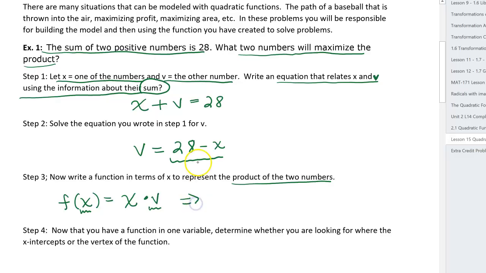I'm going to put that in place of v. So that will give me a function, f of x is equal to x times 28 minus x. So that is the product of those two numbers.